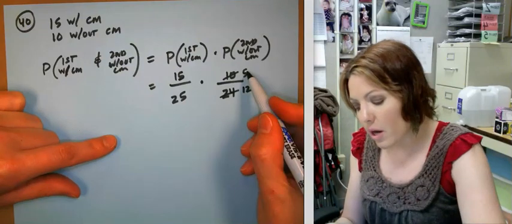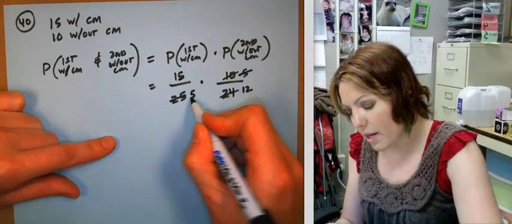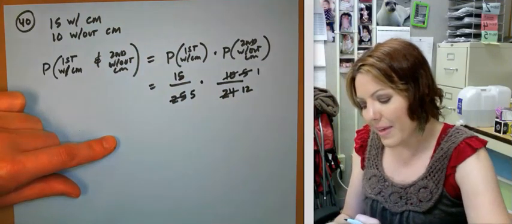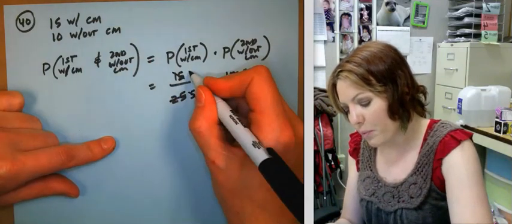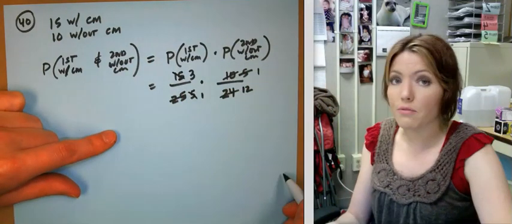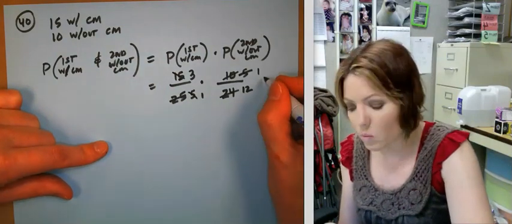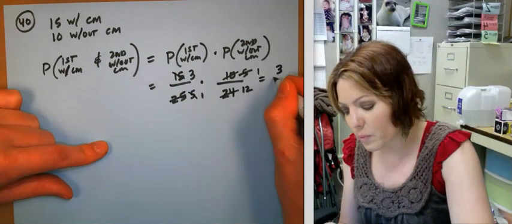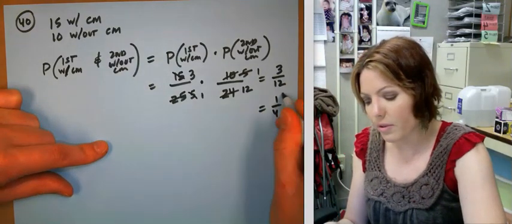I also know 5 and 25 can reduce to 1 and 5. And then 15 and 5 come out to 3 and 1. I did that really fast, but this is so awesome that it's on video. You all can rewind if you want. So we're left with a 3 and a 12, right? And that reduces to 1/4.